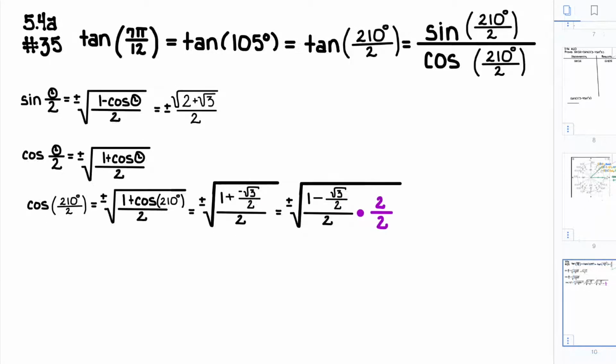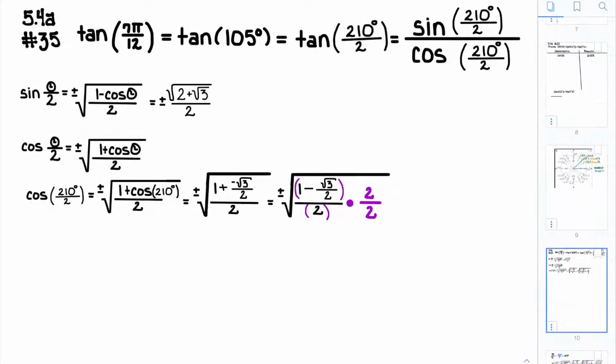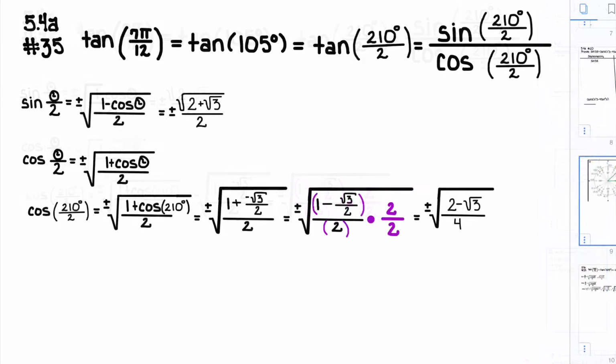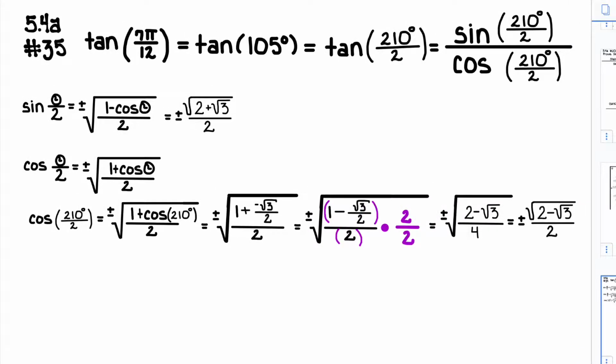To get rid of the fraction within the fraction, we will multiply by 2 over 2, distributing the 2 through the numerator and the denominator. We have this. The square root of a fraction is the same as the square root of the numerator over the square root of the denominator. So we have the square root of the numerator, and the square root of the denominator, 4, is 2.